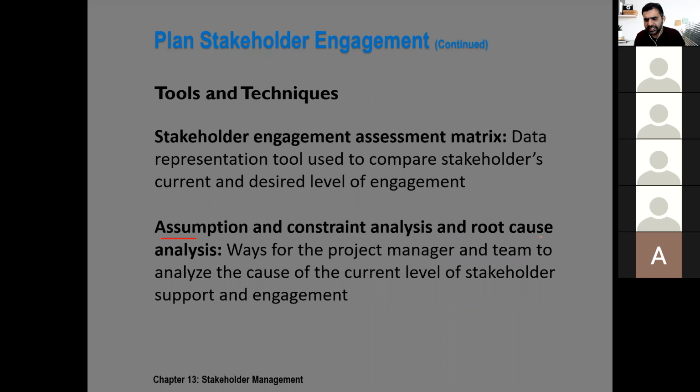Assumptions and constraints and root cause analysis, this type of analysis could be used for finding the current level of engagement with the stakeholders. Are they engaged in the project, neutral, or supportive of the project?